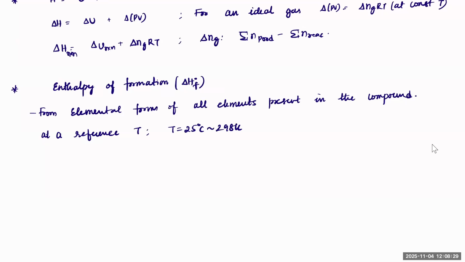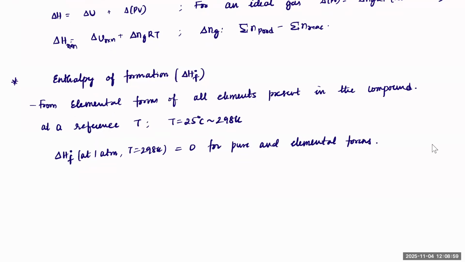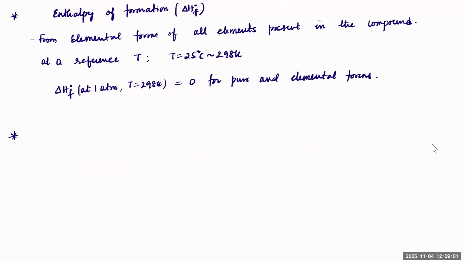And delta H of formation at 1 atm and temperature 298 kelvins is generally taken as 0 for pure elemental forms. Got it? This is the next understanding we should have.